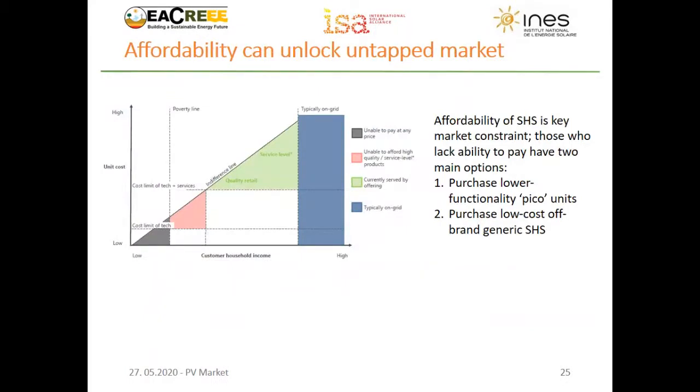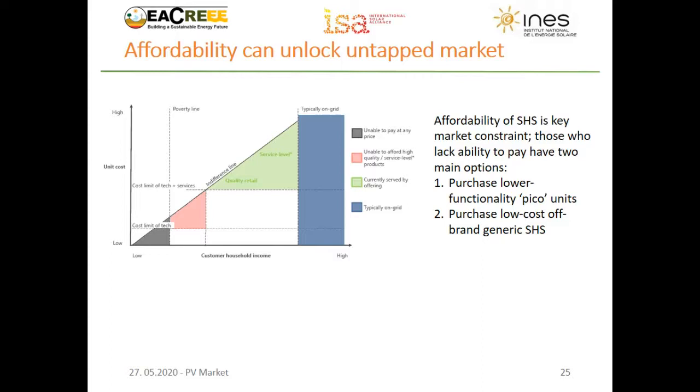Affordability is really key in our region for solar PV systems. And just to be brief here, when you look at that graph, we have that line that indicates the poverty line. Anyone falling on the left side, usually in the region, finds it difficult to afford even the very cheapest of the systems.